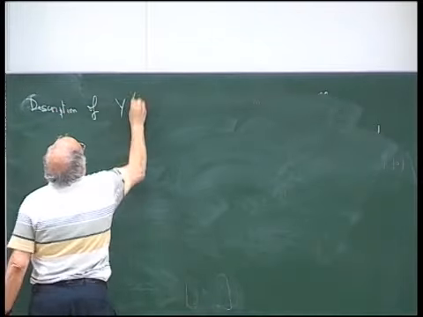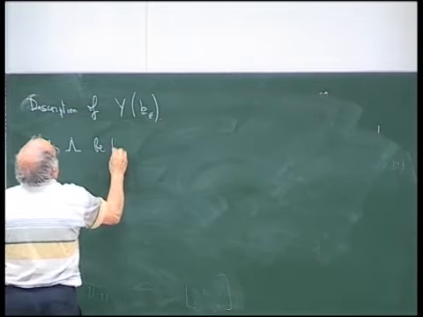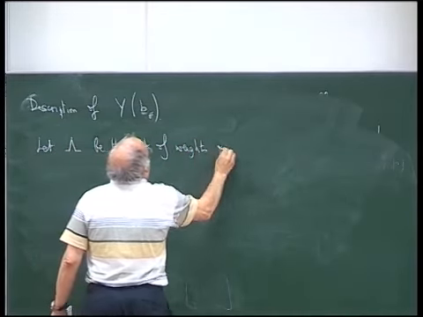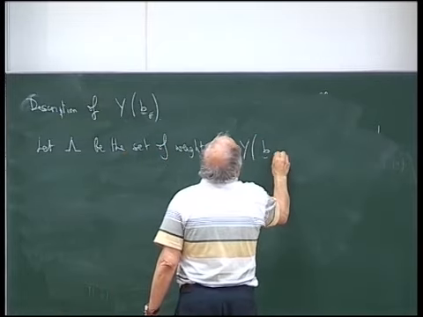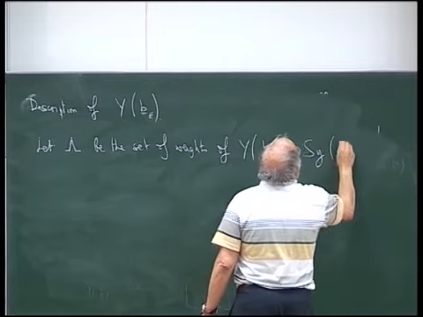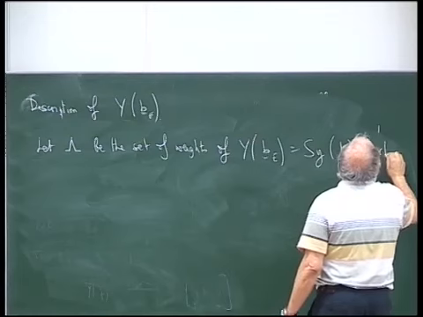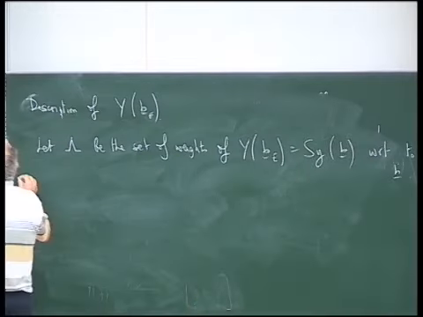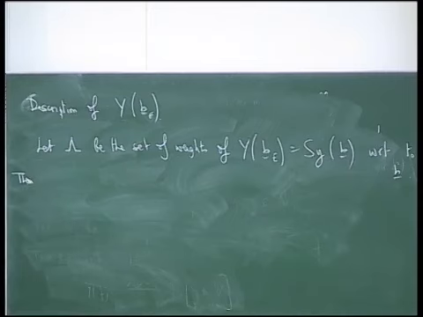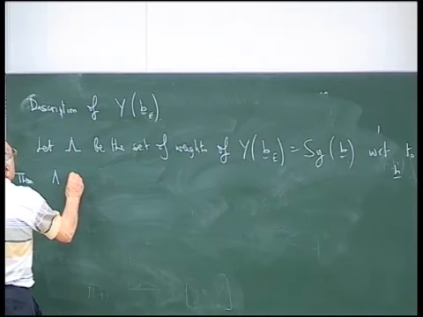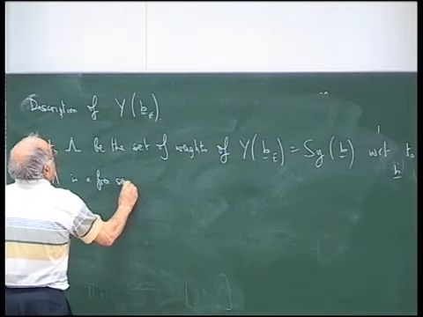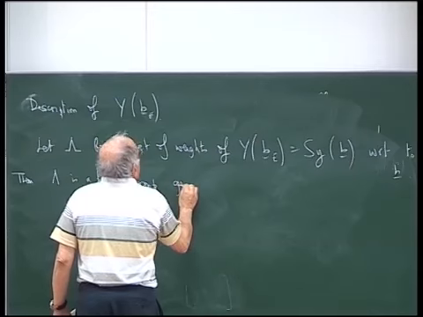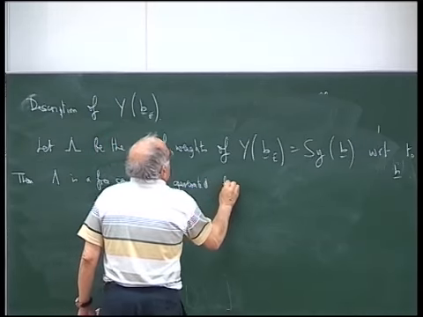So let lambda be the set of weights of y of BE, or if you like, S of y of B, with respect to the Cartan. Then, as you might hope, if this is going to be a polynomial algebra, then lambda is a free semigroup generated by some set lambda 0.